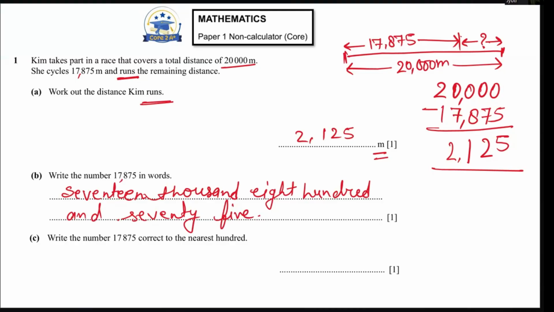That's it. Next, write the number 17,875 correct to the nearest 100.